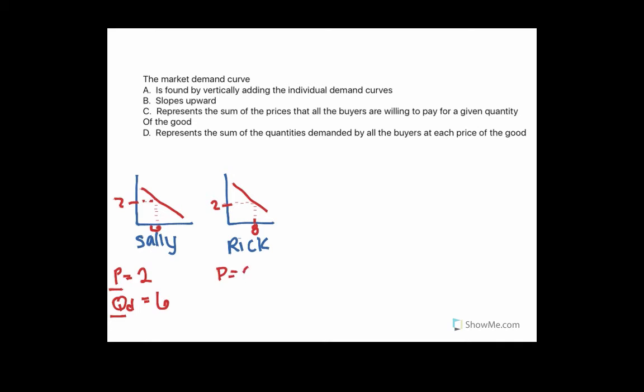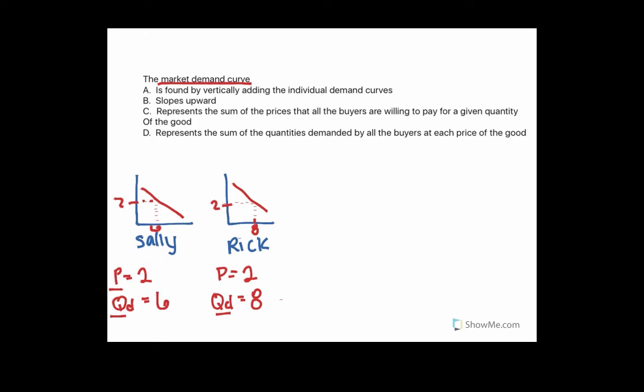Rick, at a price of 2, his quantity demanded is 8. And so when we're doing a market demand curve, all we're doing is summing up all the individual quantity demands for people in the market.